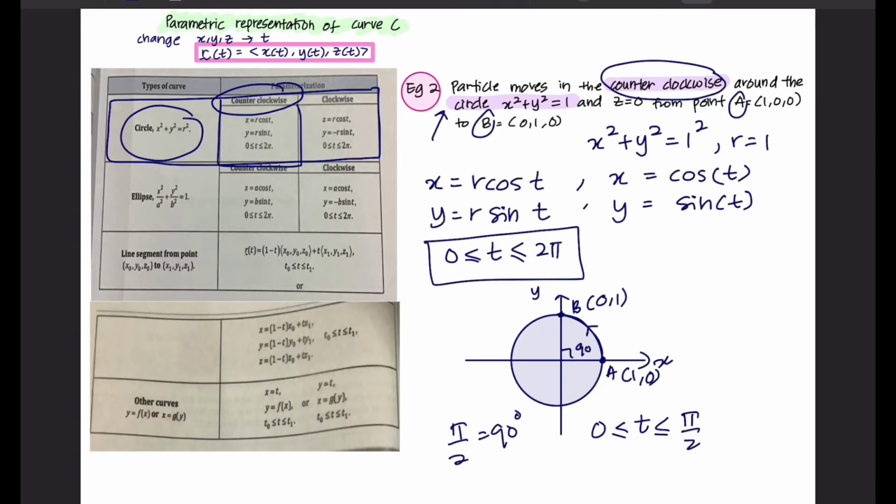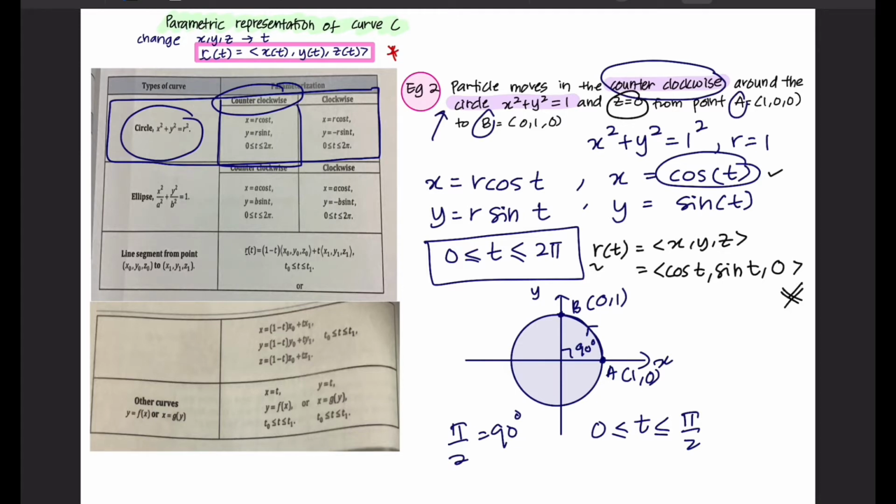So r(t) equals (x, y, z), where x for this question is cos t, y is sin t, and z equals 0. So this is the parametric representation of curve C for a circle.